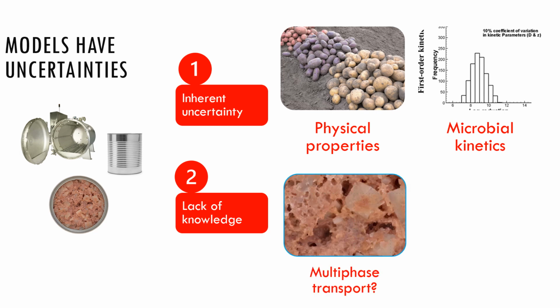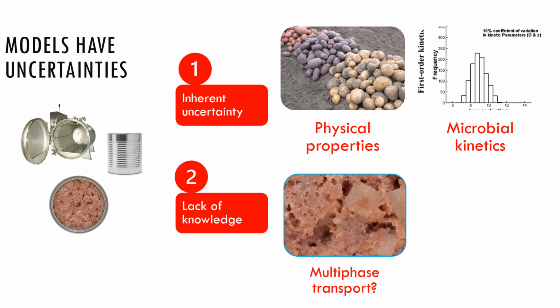For example, does this potato material that we are treating as simple conduction, should we include multi-phase, liquid vapor transport and liquid transport in various forms and so on, maybe with possible flows in the mixture of this meat and potatoes?